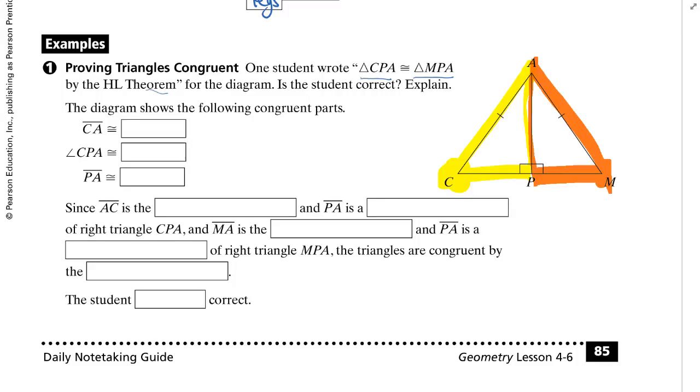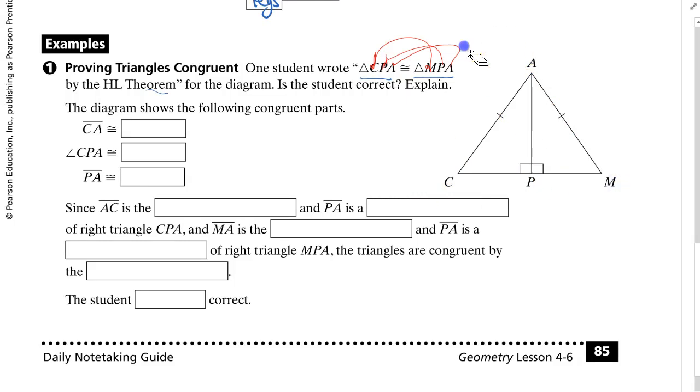Now, that was kind of interesting, the way we ordered our letters here. C would correspond to M, so that's where I started, C and M. P was the right angle for both of them, and then A was this upper angle for both of them. So I think we named them in the right order. Now let's see if this is true. First, they're starting you off with CA congruent to something.